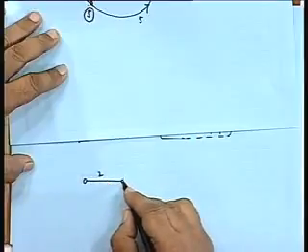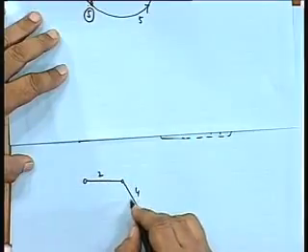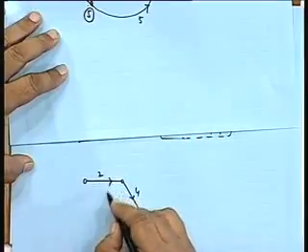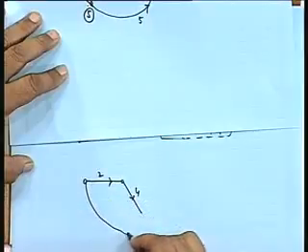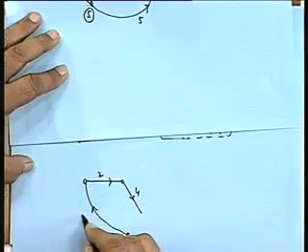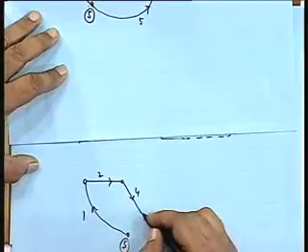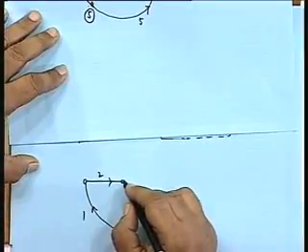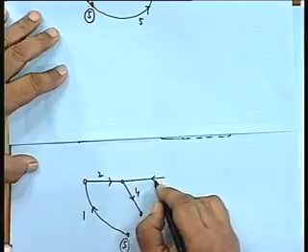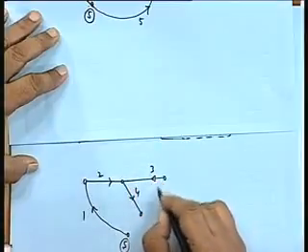This was 2, this was 4, this was 1, this is node 5, and then 3, this was 3.